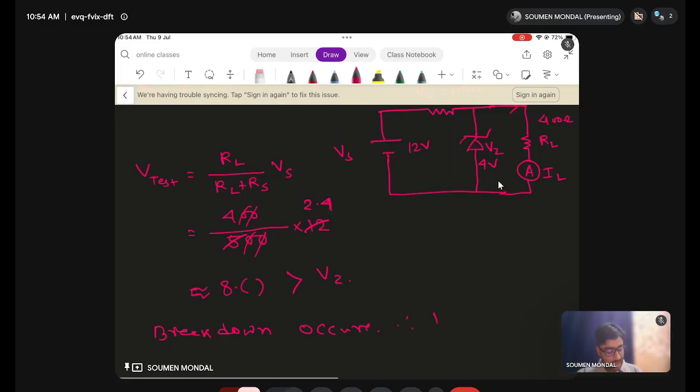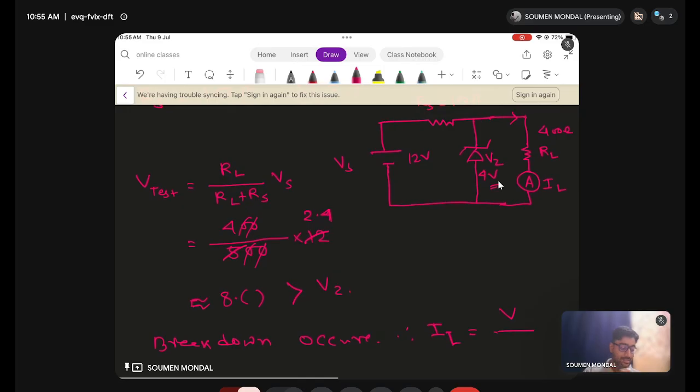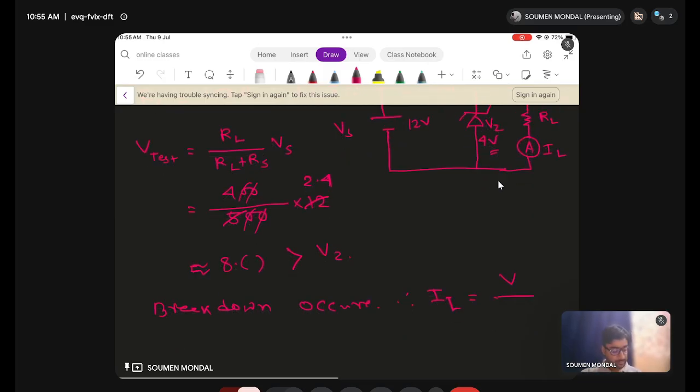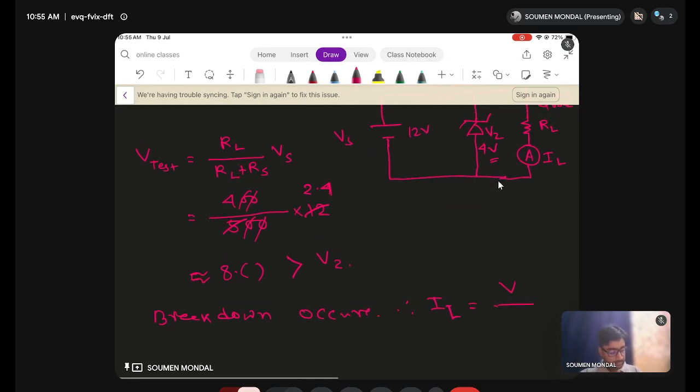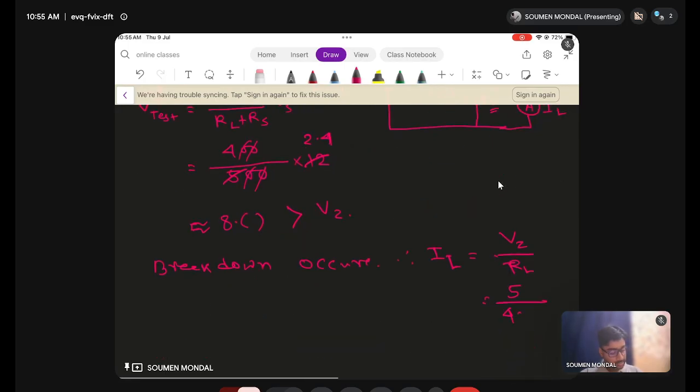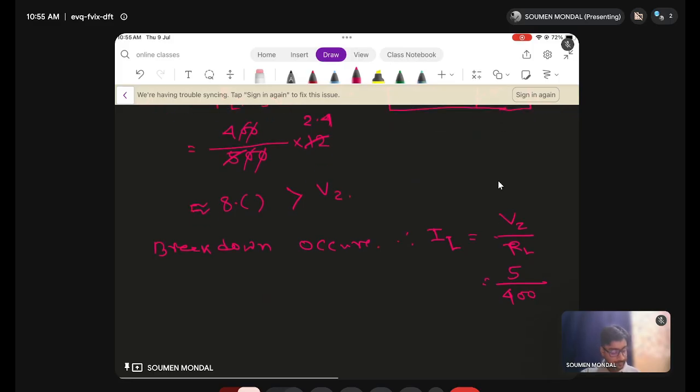Therefore the load current IL will be nothing but, here now the Zener acts as a battery, and that battery will control the current through the load. This is the obvious purpose, that I always want the voltage across my load to remain constant. So Vz by RL, 5 by 400.